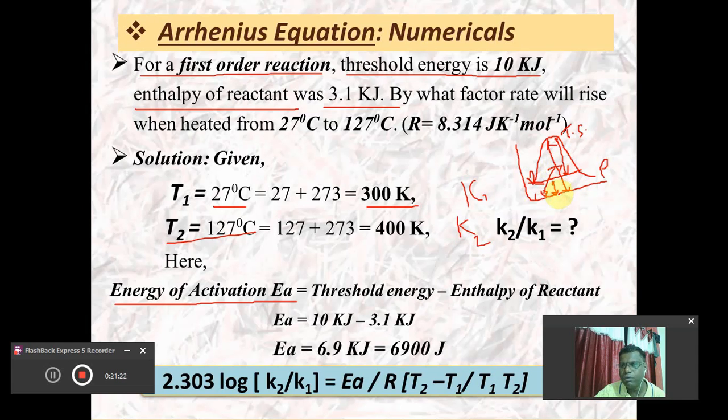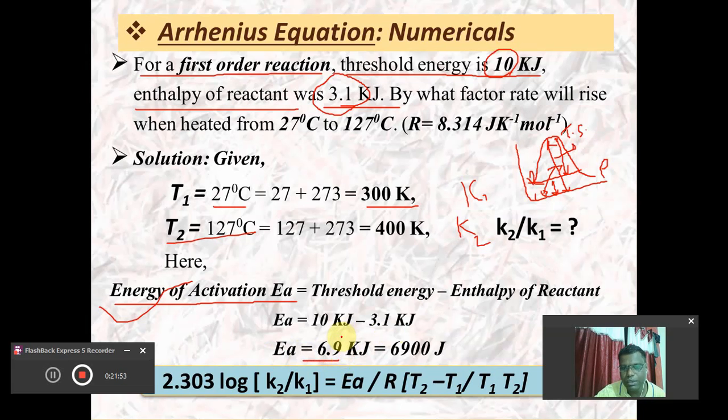So whenever you subtract the enthalpy of reactant, which is 3.1 kilojoule per mole, from the threshold energy, which is 10 kilojoule per mole, definitely you will get the energy of activation. So the energy of activation is the difference between the threshold energy and the enthalpy of reactant. The threshold energy is 10 kilojoule per mole and the enthalpy of reactant is 3.1, so their difference will be 6.9.